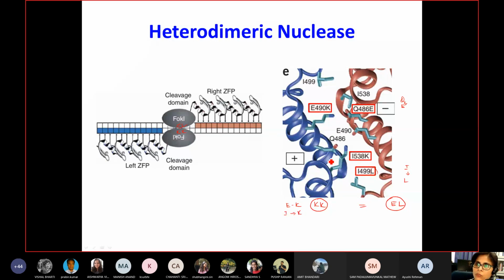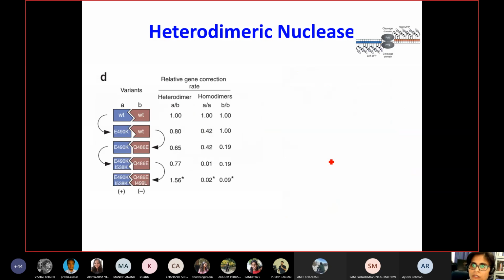So this kind of mutant they created, and they checked for the obligate nature of them, and they were able to check on the GFP kind of system where only GFP will be produced when there is a very much intricacy between these two molecules, when there is a cleavage in between these molecules. So what you can see, this is the heterodimer which is forming in normal cases.